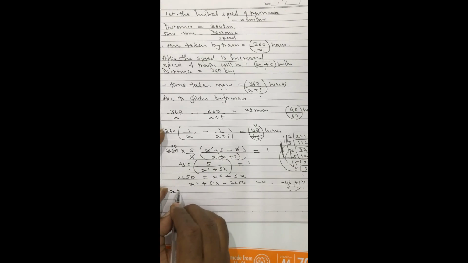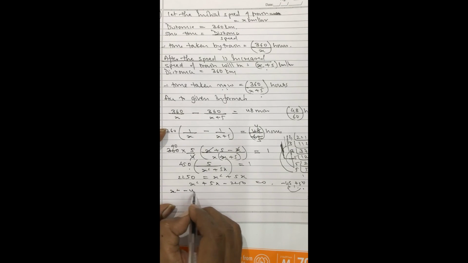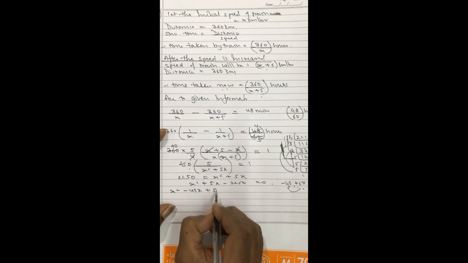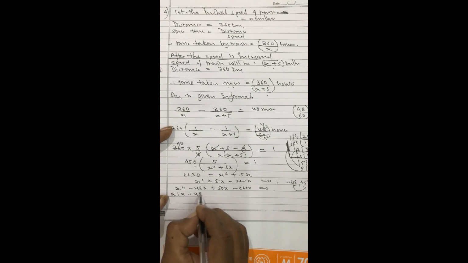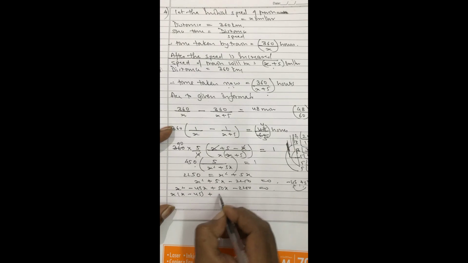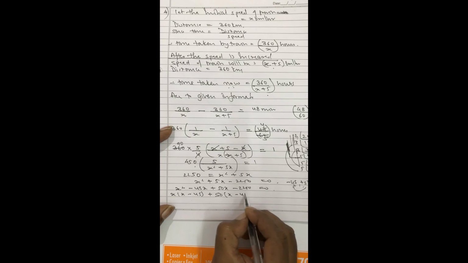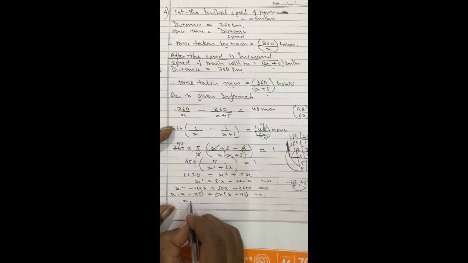So this is going to be our subtraction: this will get a plus sign, this will get a minus sign. If you multiply this, you will get a negative sign. x square minus 45x plus 50x minus 2250, so x into x minus 45 plus 50 into x minus 45 is equal to 0. Now I hope you all have understood everything.